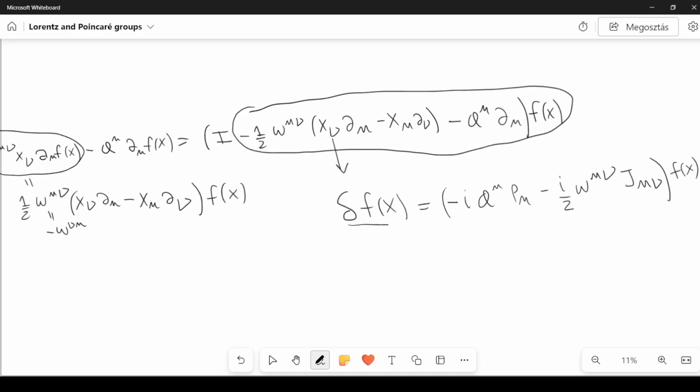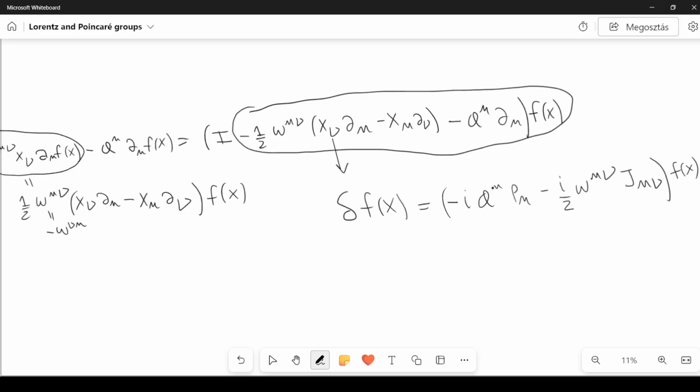So if we expand this variation, you can see that the variation depends on omega mu nu because we are changing infinitesimally by means of a Lorentz transformation, right? So we must have something proportional to omega mu nu and also something proportional to a mu because we are making an infinitesimal translation. So we are making an infinitesimal Lorentz transformation, so an infinitesimal boost, or an infinitesimal rotation.